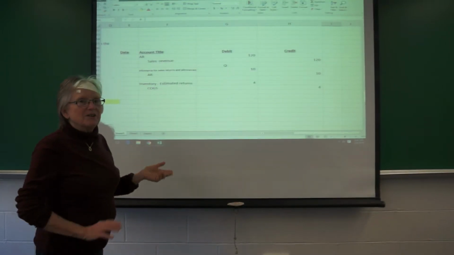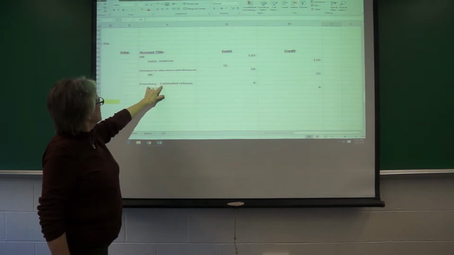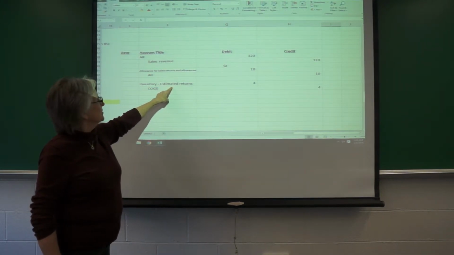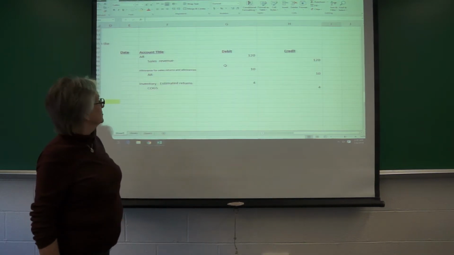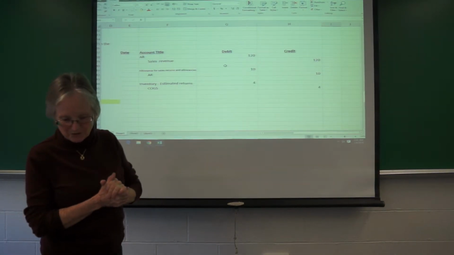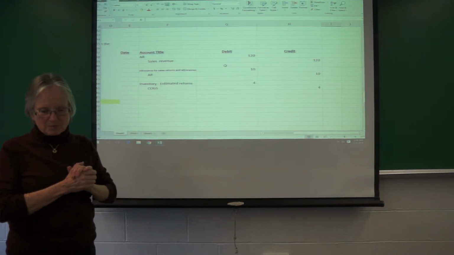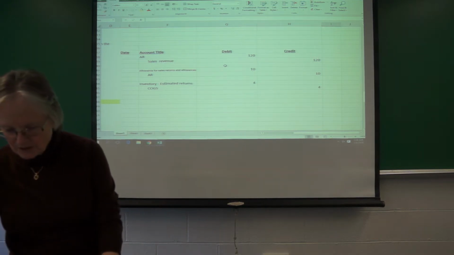In addition, on the inventory part of it, you set up an account, inventory of estimated returns, based on their estimated returns, and you reduce the cost of goods sold for those estimated returns. Okay, so those are special sales agreements, sales with high rates of return.